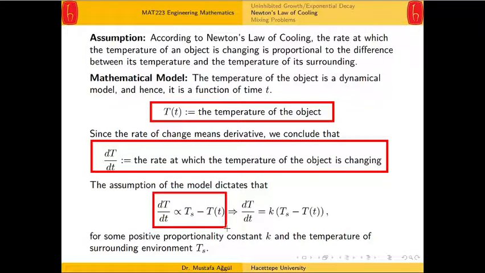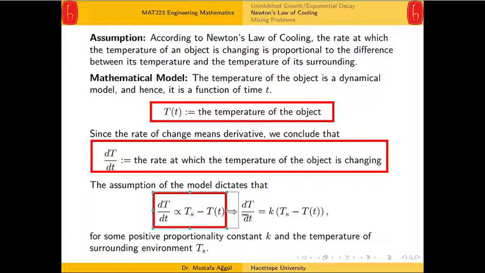Our assumption for the model dictates that dT/dt, the rate of change in the temperature, is proportional to the difference between the surrounding temperature minus the temperature of the object. This is the temperature difference between the object and its surrounding environment.